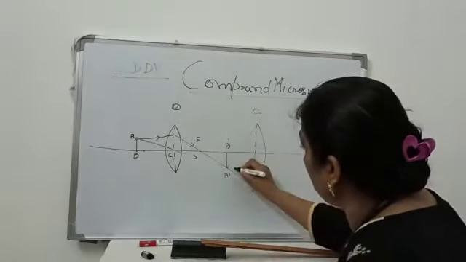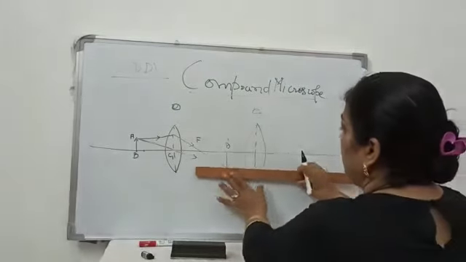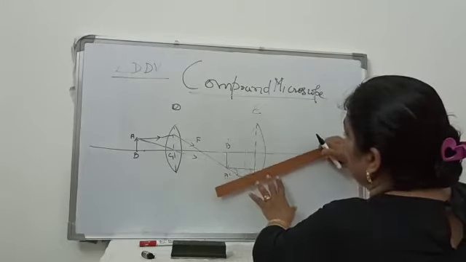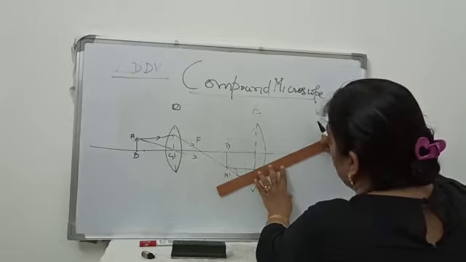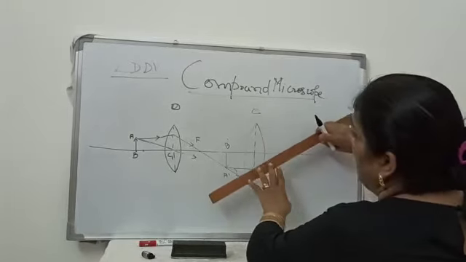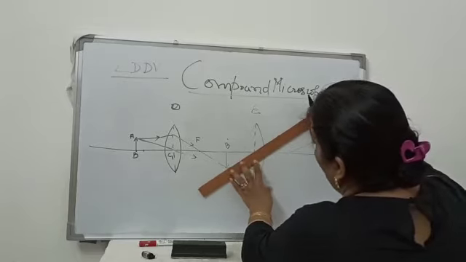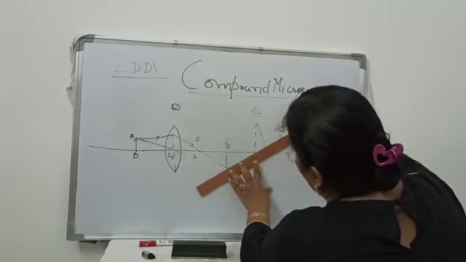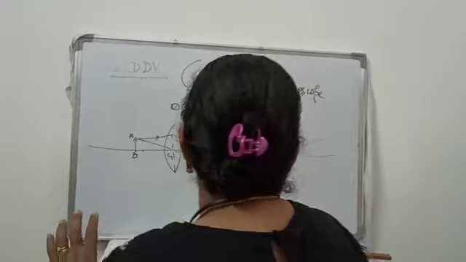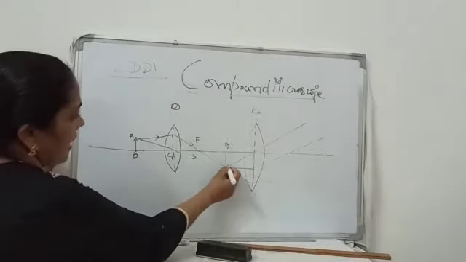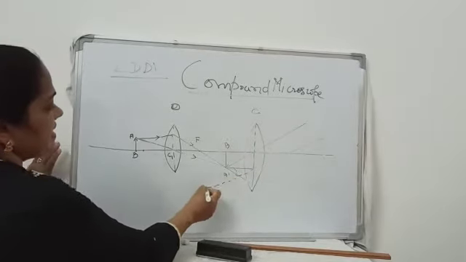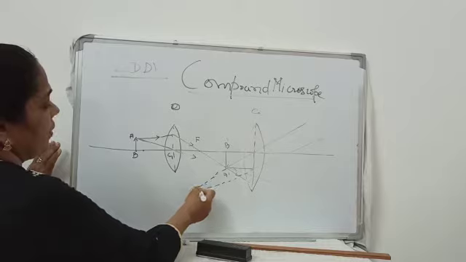So, as usual, when we draw the figure, a ray of light parallel to the principal axis. This is the object. After refraction, passes through the focus. So, it is somewhere over here. Another ray of light. It has to pass through the optic center, goes without any deviation. Like this. When these two rays are extended, they appear to come from a point.